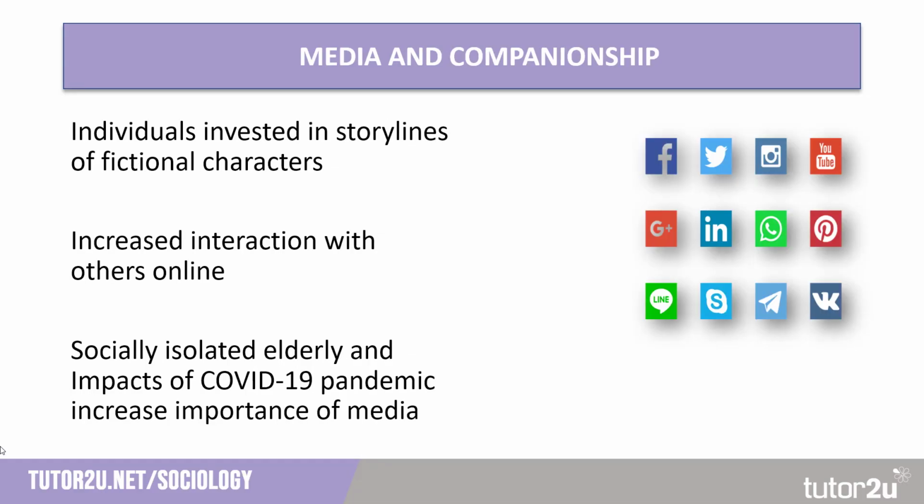Individuals also use media for companionship, and this has become more evident over the last few years with the impacts of the COVID pandemic. Whilst traditionally individuals might have used characters within the media as a form of surrogate friends, identifying with their triumphs and tribulations, in contemporary society the media has become an invaluable source of companionship for individuals.